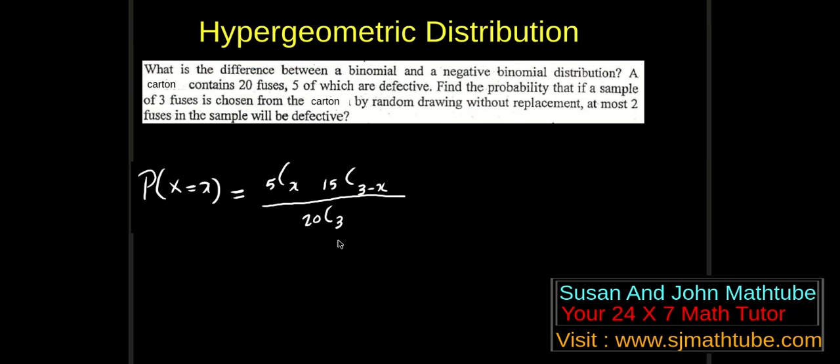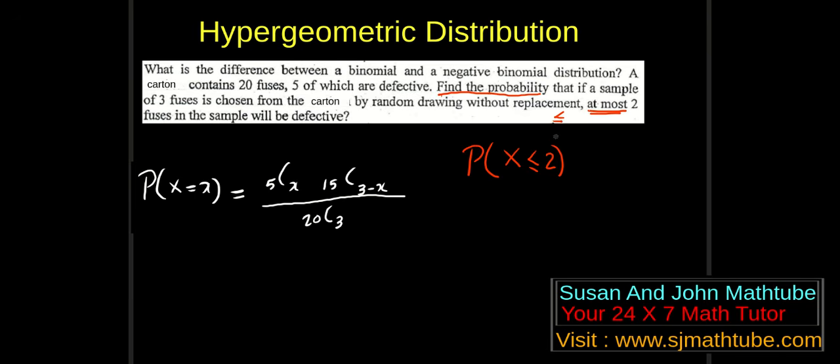Okay, now let's read that question once more. Find the probability. So look at this. They are interested in the probability. At most, and what does at most mean? Less than or equal to. At most 2 fuses in the sample will be defective. So the required probability is probability of number of defectives less than or equal to 2.